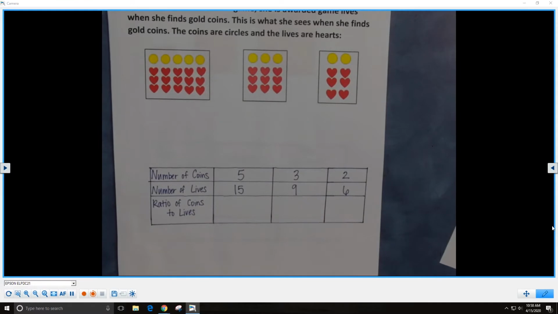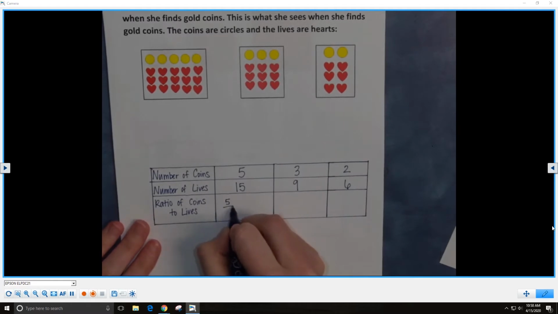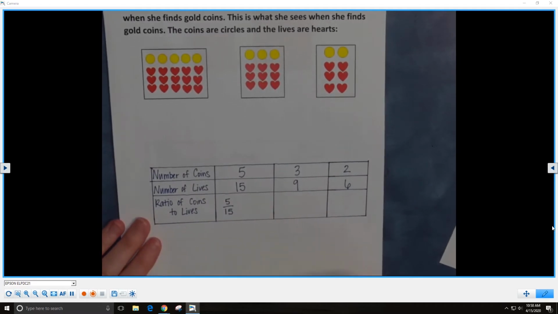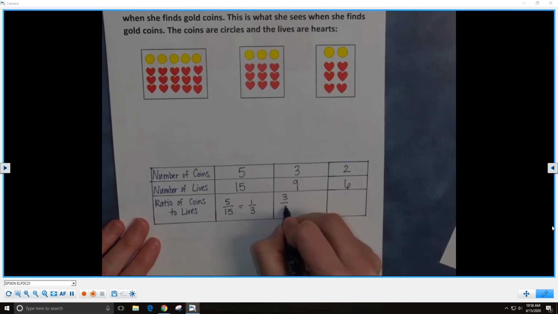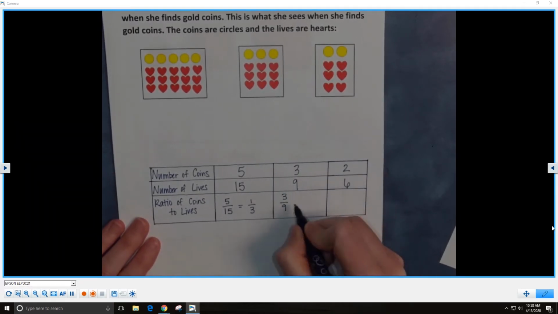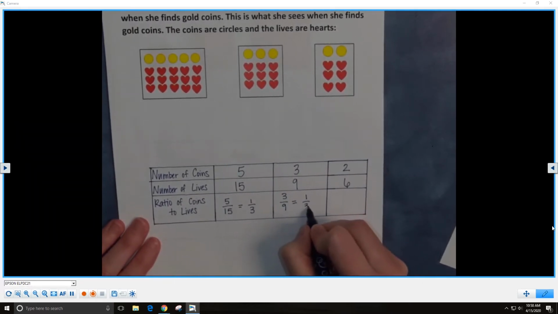Now let's set up ratios of the number of coins to the number of lives. This will be 5/15, which can be simplified as 1/3. This is going to be 3/9 coins to lives, which can also be rewritten as 1/3.